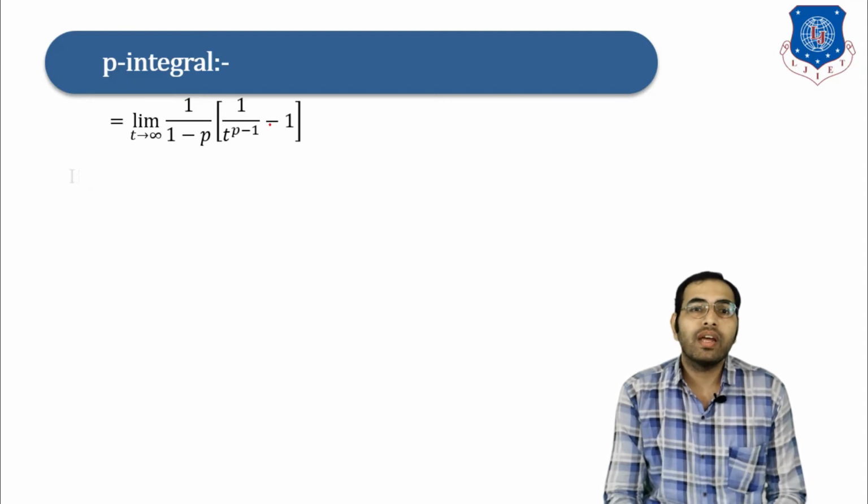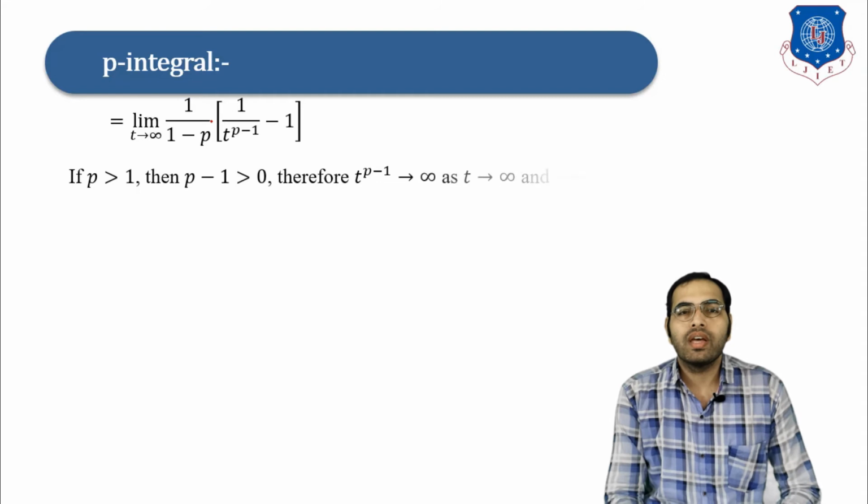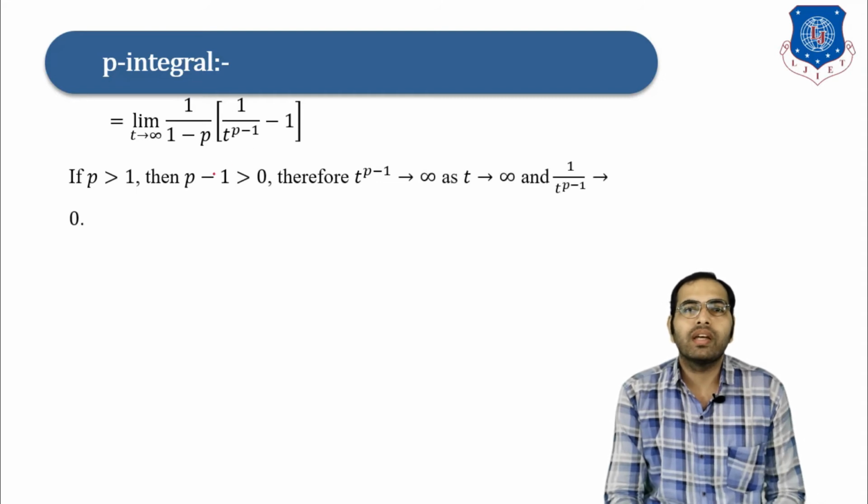p greater than 1 and p less than 1. If p greater than 1, then t raised to p minus 1 tends to infinity as t tends to infinity, so 1 upon infinity is 0, and we have the answer 1 upon 1 minus p into minus 1.